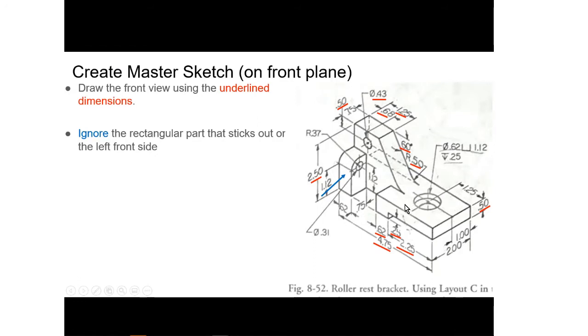And we can see that this line above the 0.5 extends all the way over towards the back. So we'll continue that line over. And then we can see the triangular shape here will start at the top and come out 1.25 and then slope down at an angle of 60 degrees.